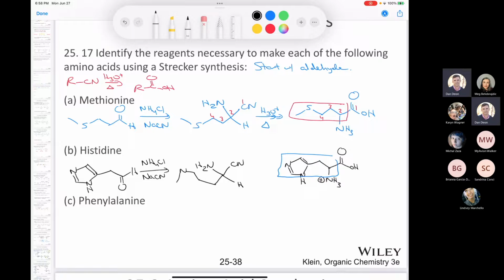There we go. And then after hydrolysis with aqueous acid, we end up with histidine. And again, we end up with a racemic mixture no matter what. I'm looking at my notes and I have exclamation points at the bottom. All are racemic. Everything that you make is racemic here.